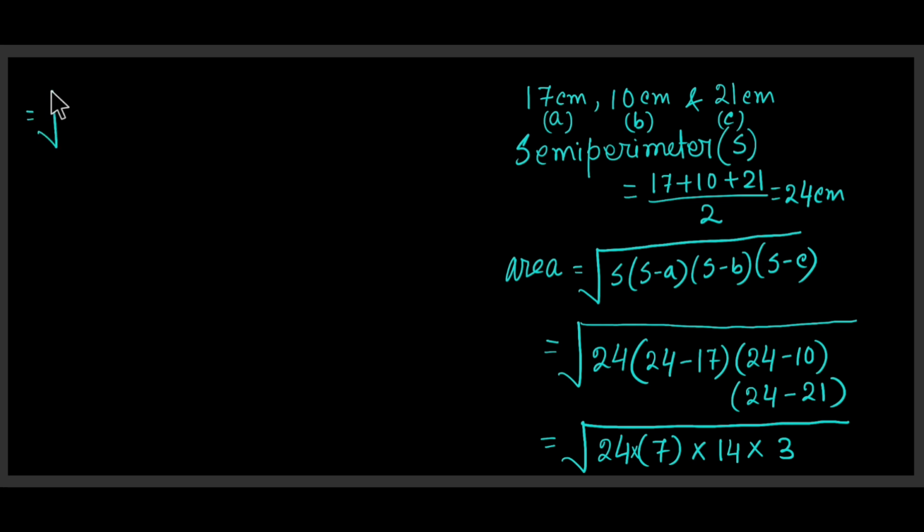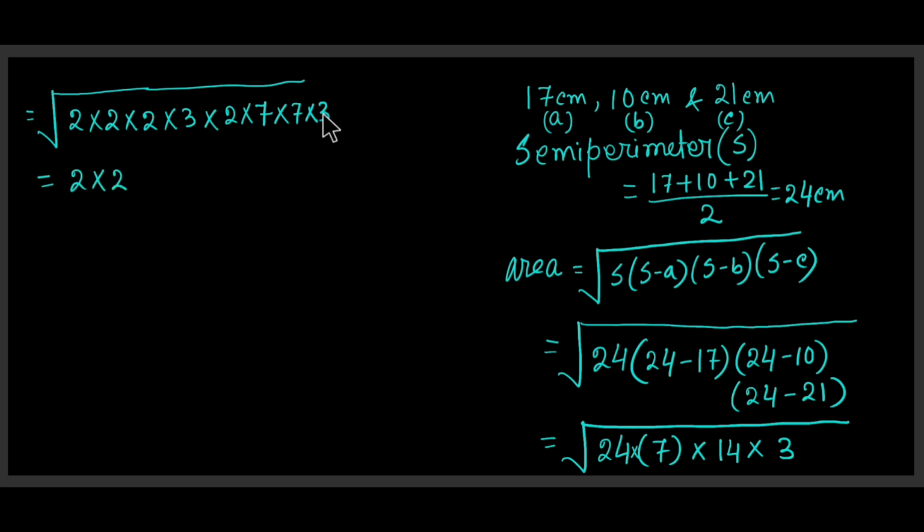Now 24 can be written as 2 into 2 into 2 into 3, and 14 can be written as 2 into 7, so into 7 into 3. Now clearly it is 4, 2, so we get 2 into 2, and 1 pair of 3, we get 1 3, and 1 pair of 7, we get 1 7. So it will be 84 centimeter square.